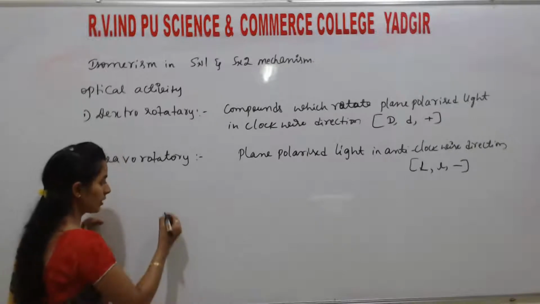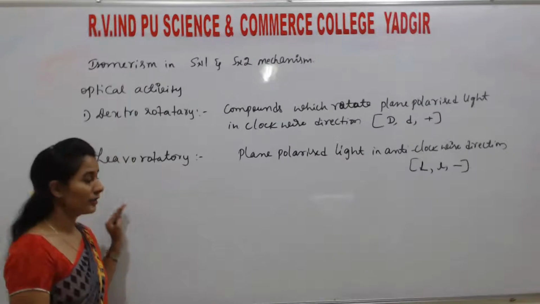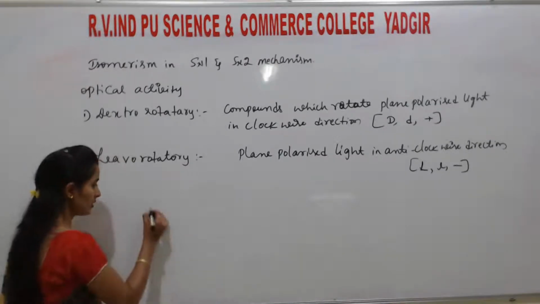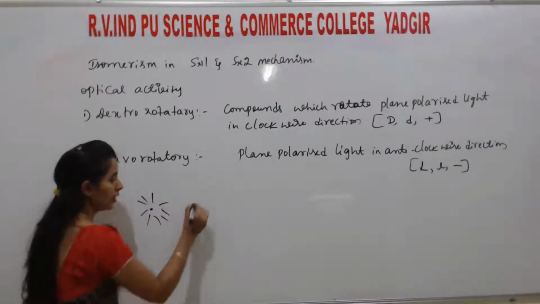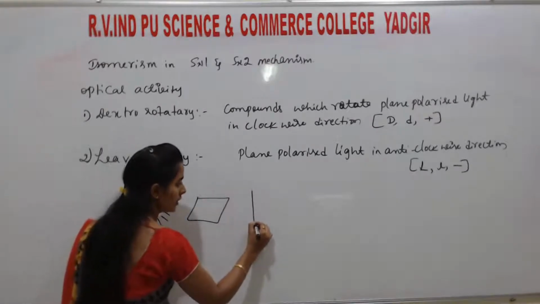Here one compound is there. If it is passed through plane polarized light, either perpendicular or parallel. You know about plane polarized light, right? So listen here. This type of non-directional light is there. If quartz is placed here, they form these types of lights, exactly perpendicular to each other.